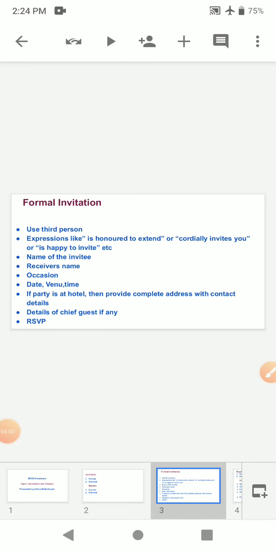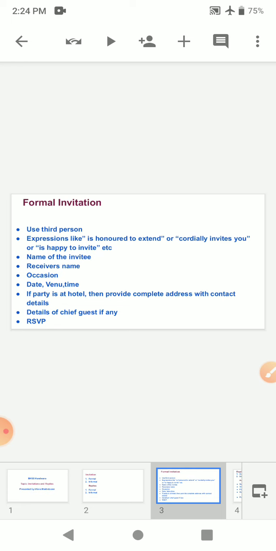Formal invitations are written in the third person. We use expressions like "is honored to extend," "cordially invites you," or "ABC is happy to invite."